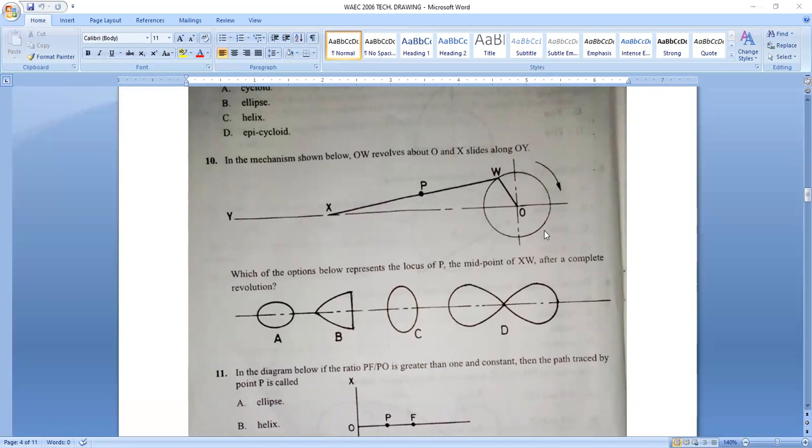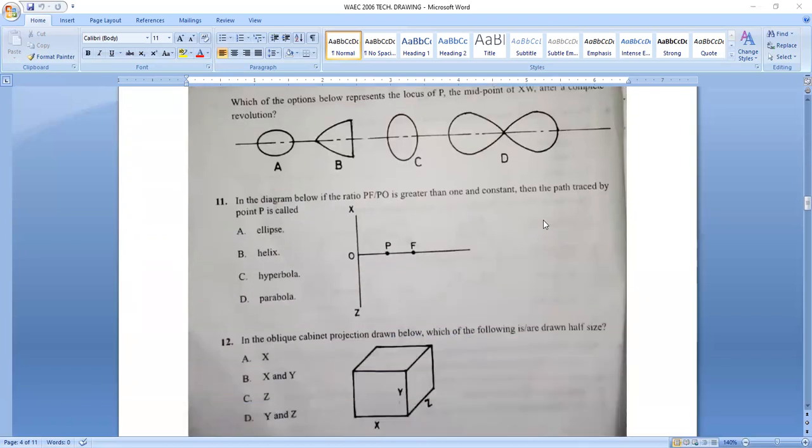Which of the options below represents the locus of P, the midpoint of XW after a complete revolution? Option A is the answer to that question. Then we move to question 11, which says that in the diagram below, if the ratio PF to PO is greater than 1 and constant, then the path traced by the point P is called a hyperbola. That is option C.